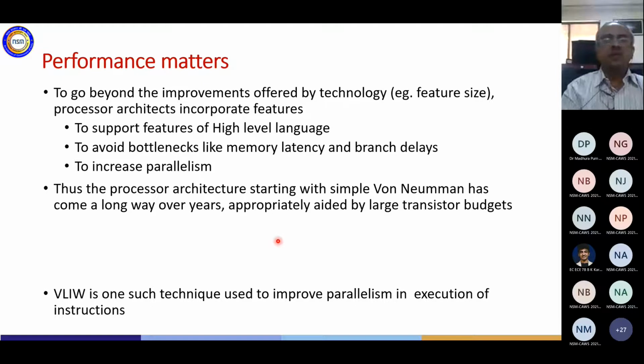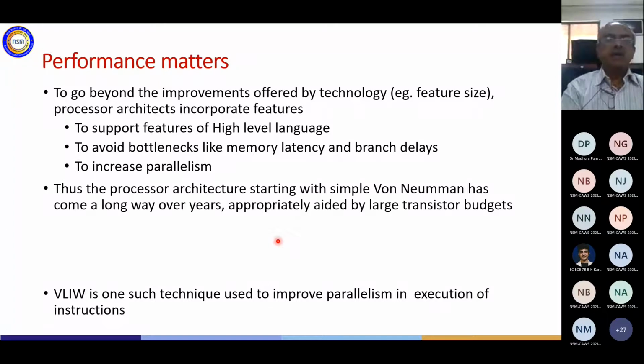So now the industry is making TensorFlow processors. Why? Because the features that the higher level language gives to the programmer, mapping those features into architectural features is one of the ways by which improvement in performance can occur.